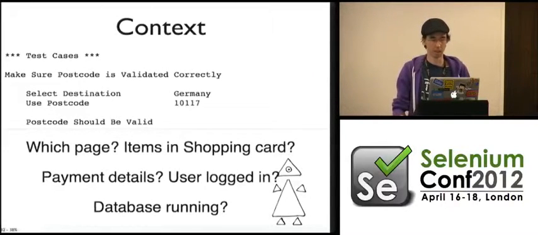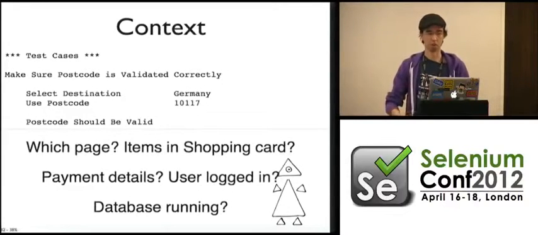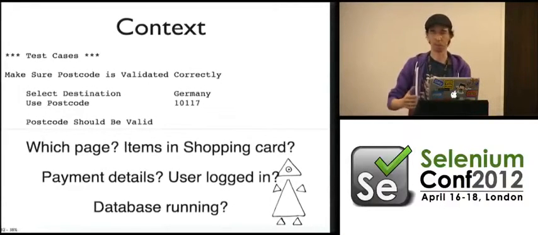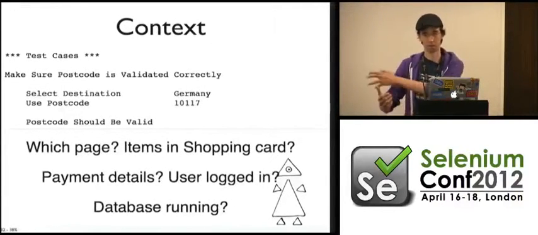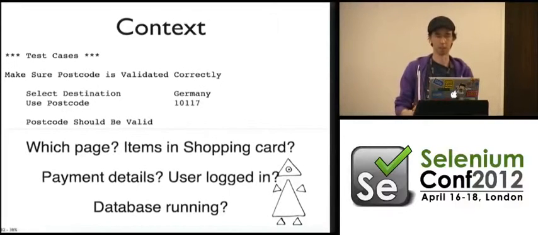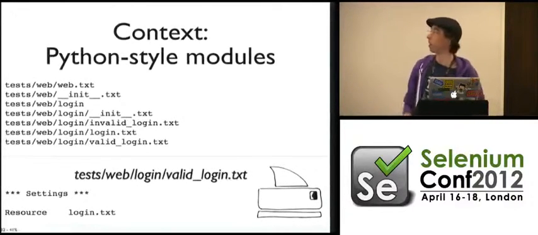And in this example, I don't know which page I'm on. Are there items in the shopping cart? Has the user needed to add payment details? Is the user logged in? Maybe that's a step after that. Is the database running? I don't know about that, but I let the context provide that information for me.